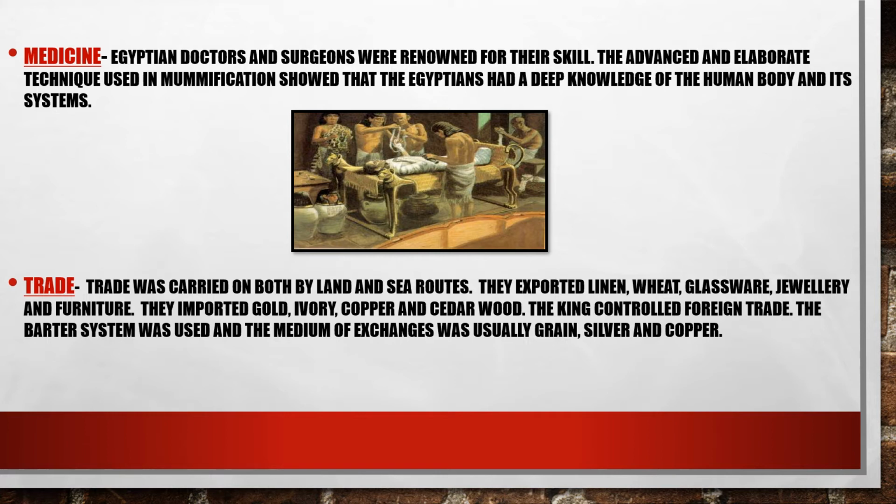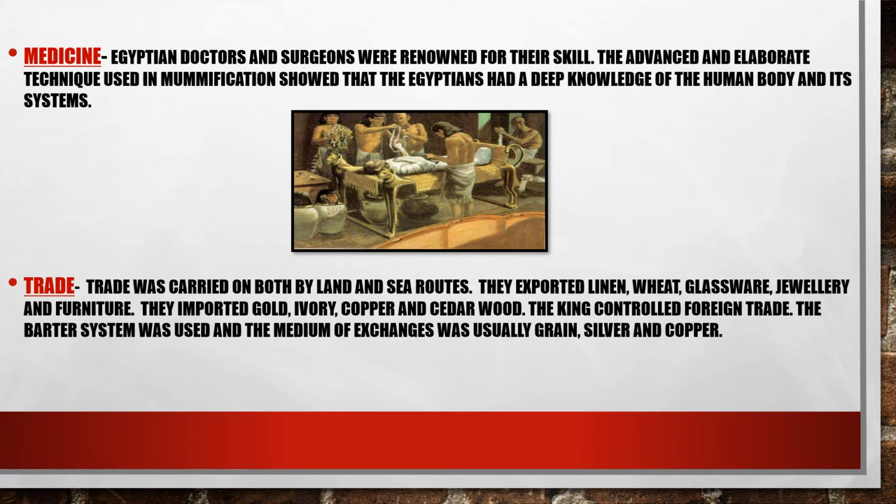Trade was carried on both by land as well as sea routes. For internal trade, goods were transported by boats and barges along the Nile and by road on camels and donkeys. So they domesticated the camels and the donkeys for this purpose.